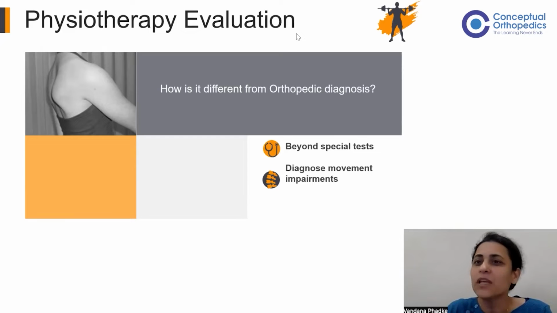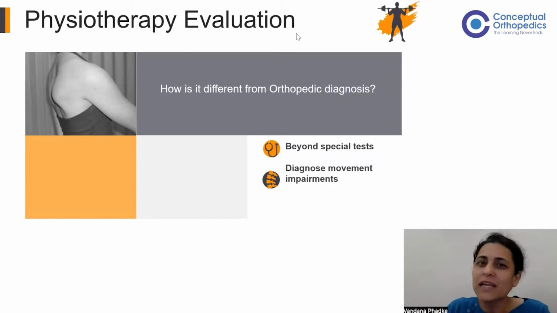And when a patient with a label of impingement comes to the physiotherapist, of course, I'll redo those evaluations that you do, but there are certain extra things that I need to know, because this labeling of impingement does not help me. It does not tell me what I should do to treat the patient, right? For an orthopedic management, as soon as you are okay that the patient is not operable, you give medicines, advice, and then refer to a physiotherapist.